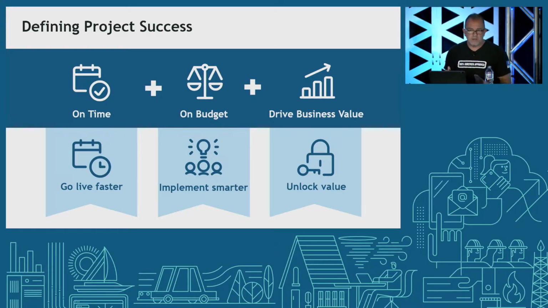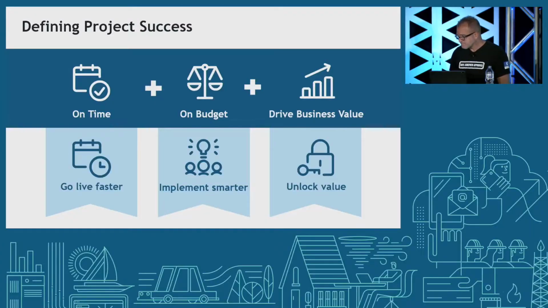What we mean by the smartest path is things like making sure that all the people on the project have got the right certifications, making sure that you're taking advantage of the out-of-the-box product capabilities or pre-built solutions that Renato mentioned in his intro, the Guidewire Cloud standards, following best practices. This is what we mean by implement smarter, and what SurePath enables. So hopefully that's a good definition of success that you would agree makes sense.